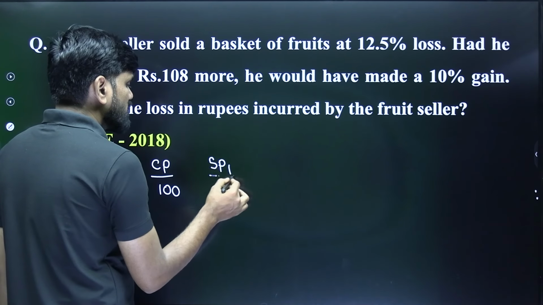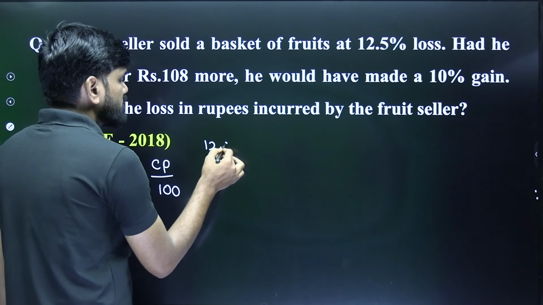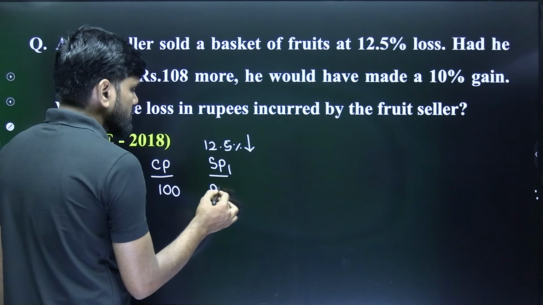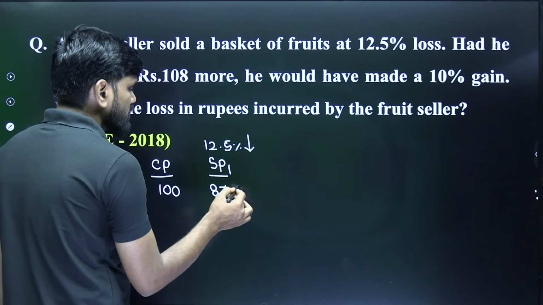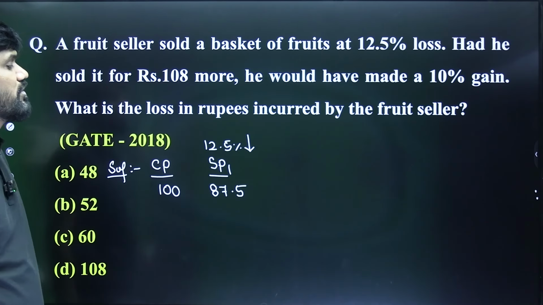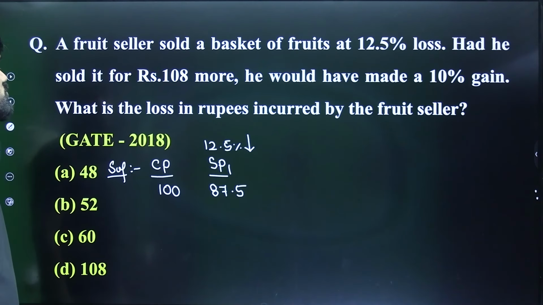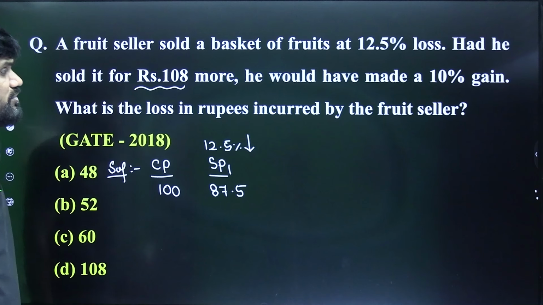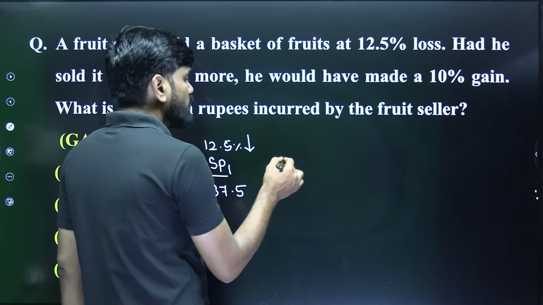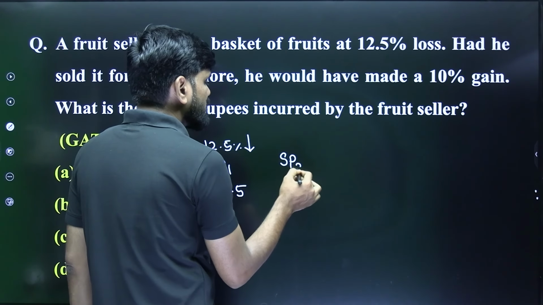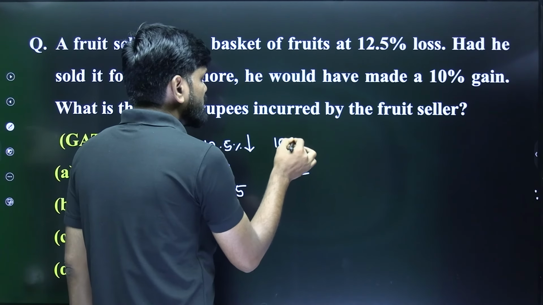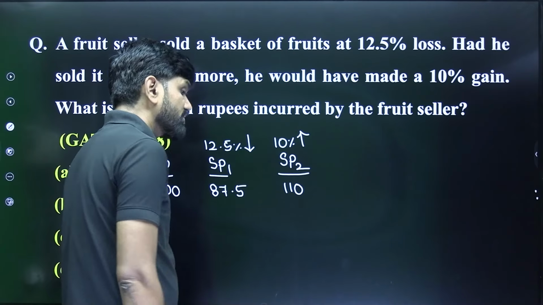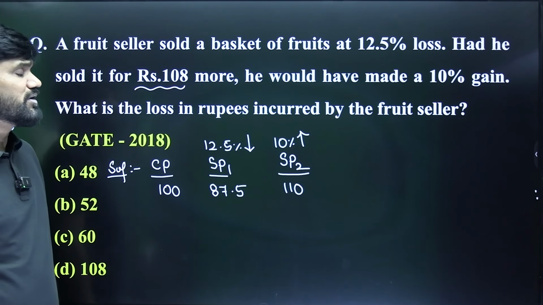Cost price 100. In the first case, if there is a loss of 12.5%, the selling price must be 87.5. Had he sold it for rupees 108 more, he would have gained 10%. To gain 10%, the selling price must correspond to 110.